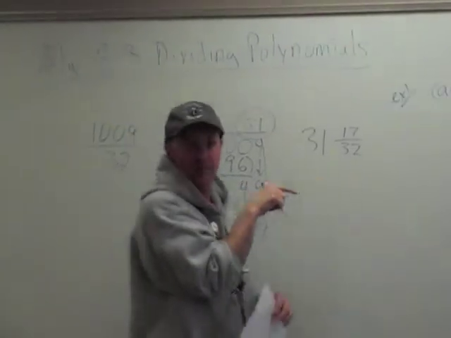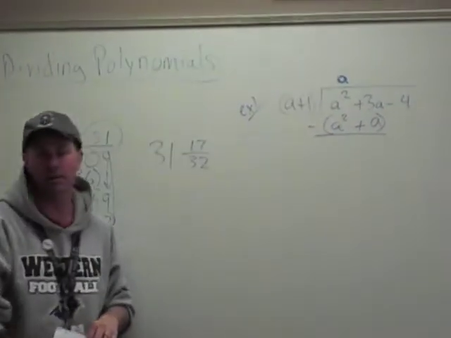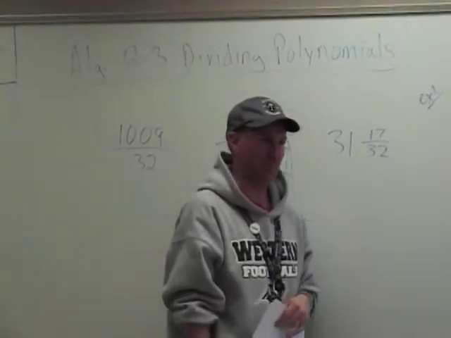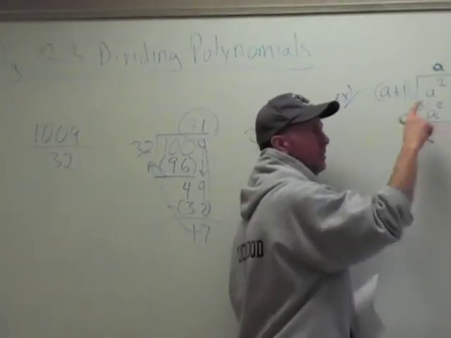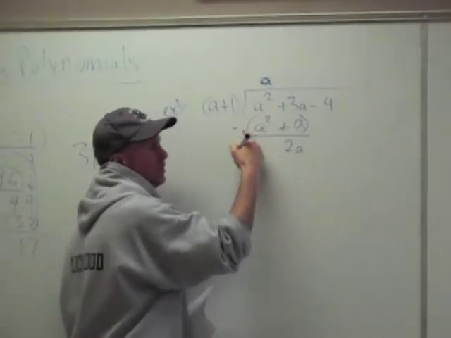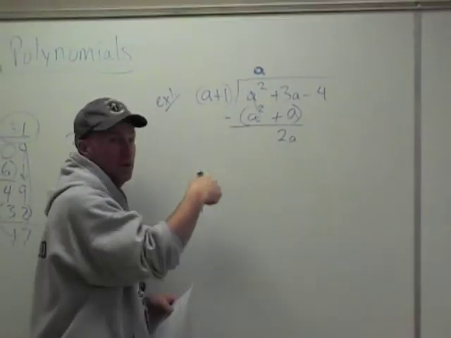Subtract it. You subtract the whole thing. You need parentheses to subtract, otherwise you're going to make mistakes. So what is 3 minus 1? 2. So that's 2a. a squared minus a squared? 0. So those are gone. That's the whole point. If those aren't gone, you didn't do it right.